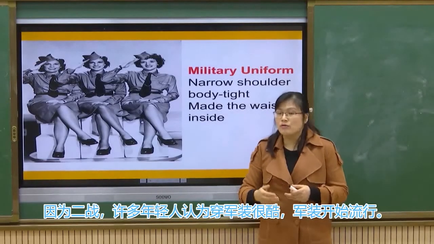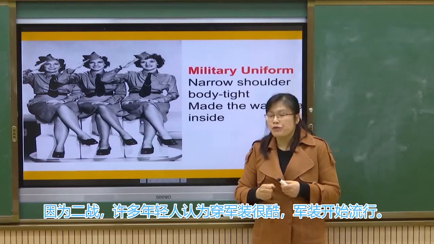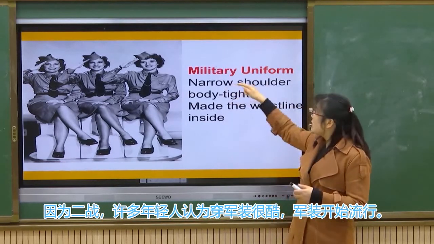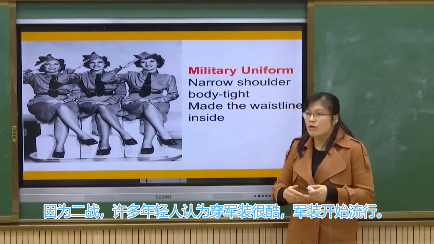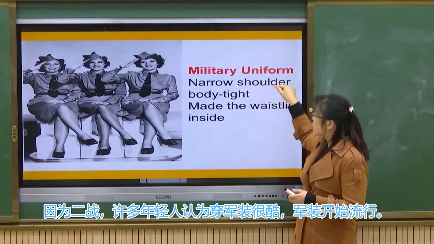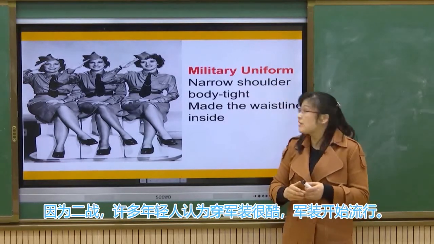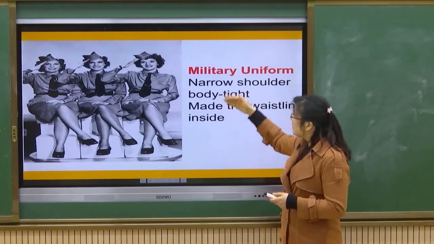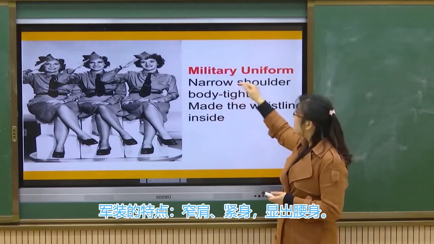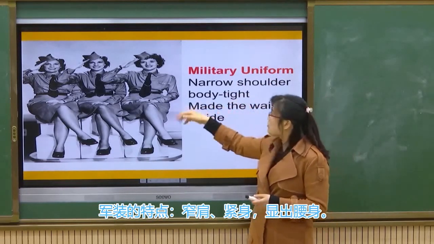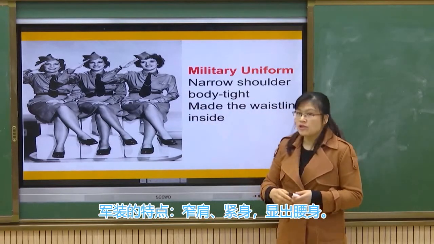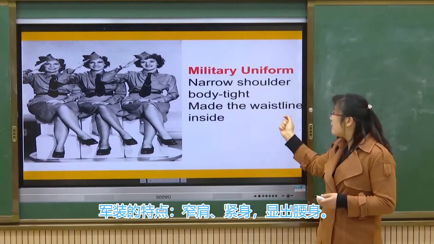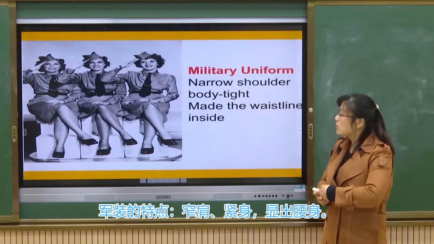Because of the Second World War, many young people thought wearing a military uniform was cool, so military uniform was popular at that time. Its features included narrow shoulders, a body-tight fit, and people usually took the waistline in.